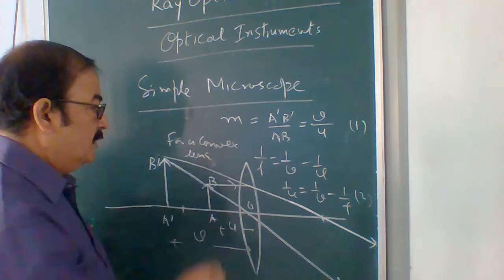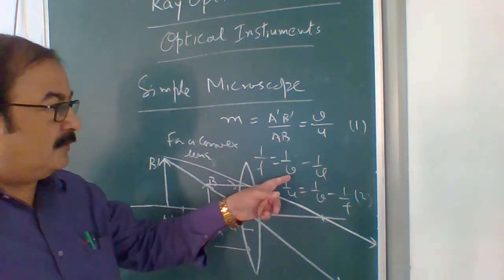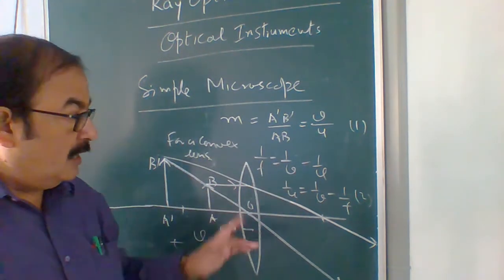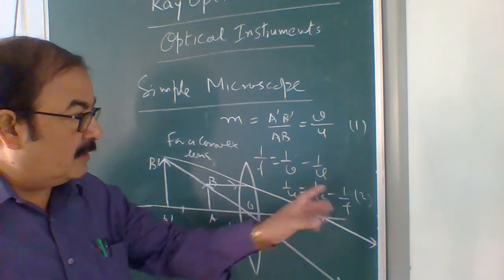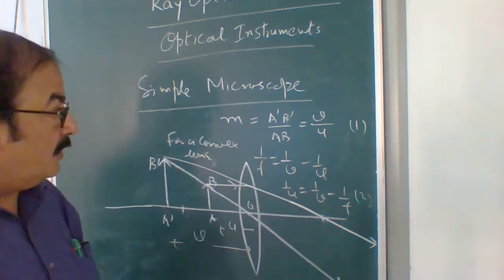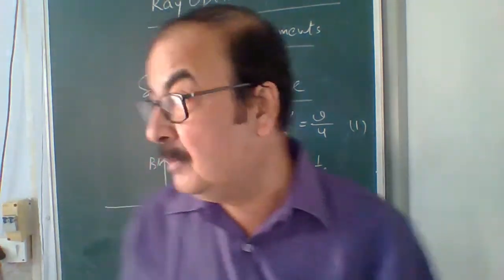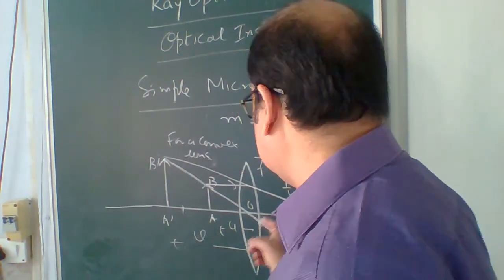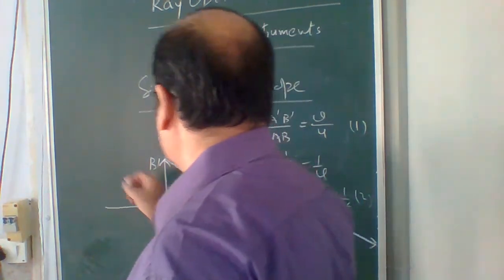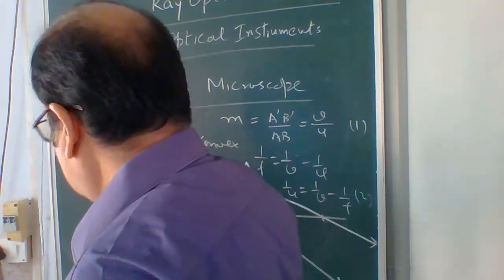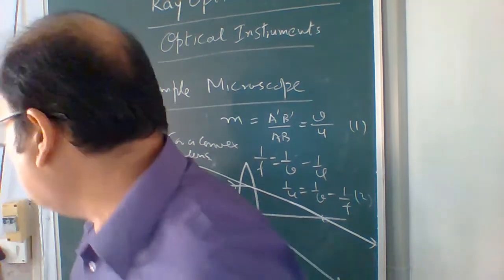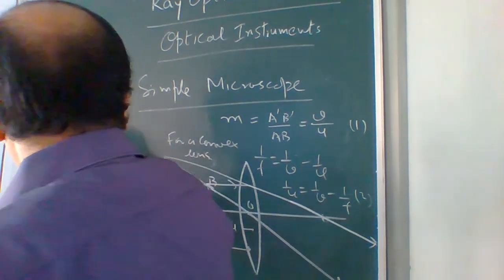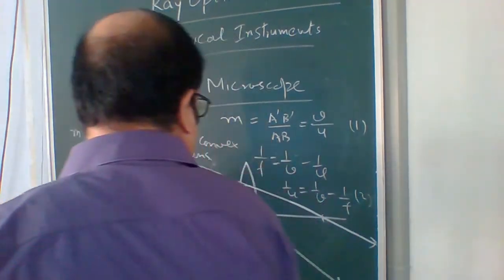Clear? And we also know for a convex lens, 1 upon F is equal to 1 upon V minus 1 upon U, and then obviously 1 upon U क्या हो जाएगा 1 upon V minus 1 upon F. From equation 1 and 2, if we just put the value, we have M equals to how much?